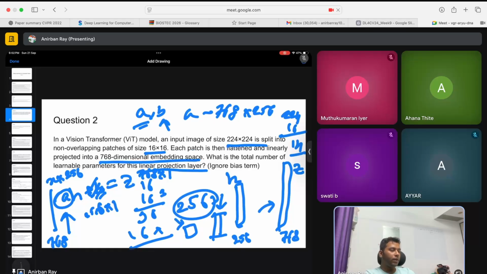Given a patch, it has to be able to generate the 768 dimensional array. So it has to be trained over all the patches. And given another new image with a different patch, if it is fed into the linear layer, it should still be able to produce this embedding dimension. You understand now? Yes, sir. So for each of them there is a single linear layer that they have to go through. Understood, right? Okay, so let's continue here.